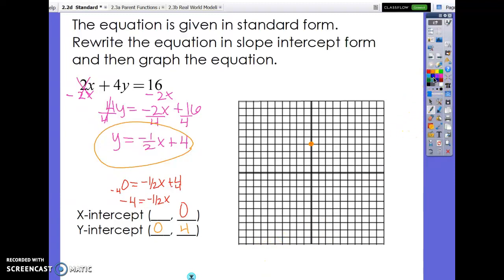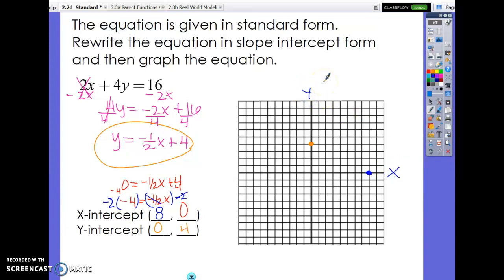So if I have negative half, I'm going to multiply by negative 2, because negative 2 is the same as negative 2 over 1. Well, these are going to cancel each other out. So our x-intercept, negative 2 times negative 4, leaves us with 8, so the point (8, 0). Let's graph that. Notice how (8, 0) is in fact on our x-axis.